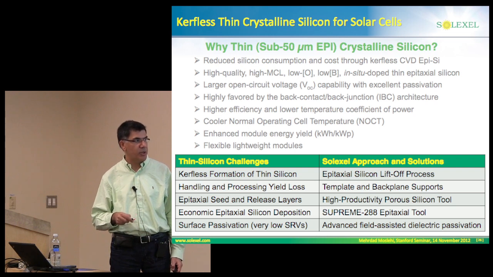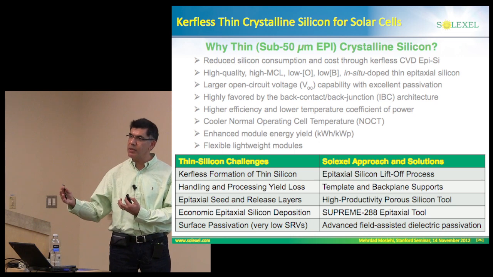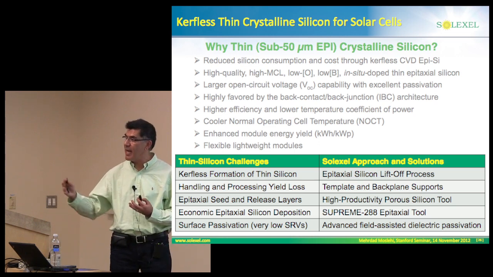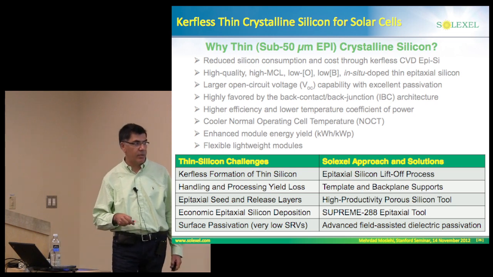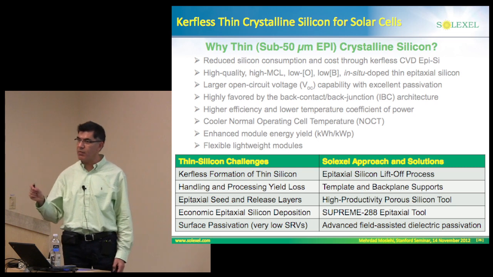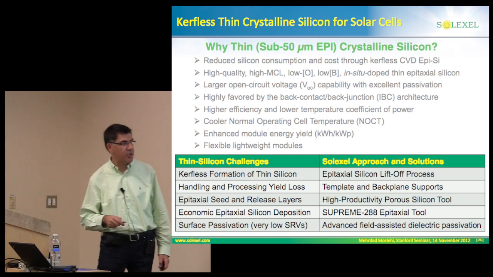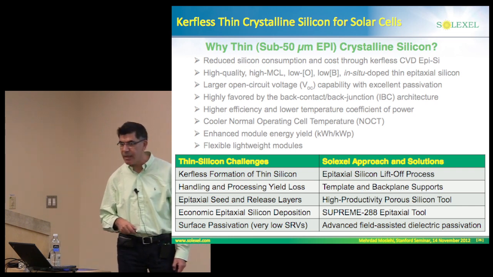Our solutions are based on epitaxial silicon liftoff and all the manufacturing technology that goes with that. Template and backplane support: we never handle or process thin silicon standalone. There are a couple of unique tools in our flow that we have developed with key manufacturing partners for very high productivity. And again, I mentioned the field-assisted passivation.